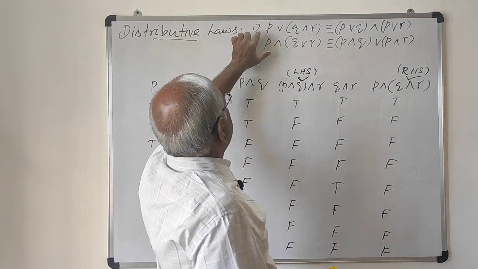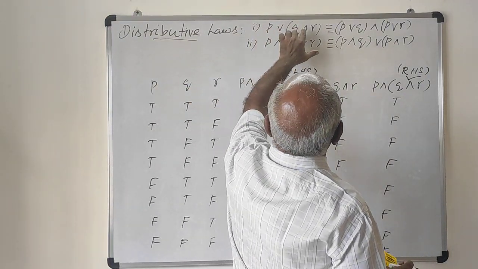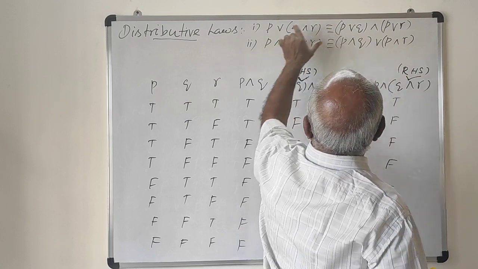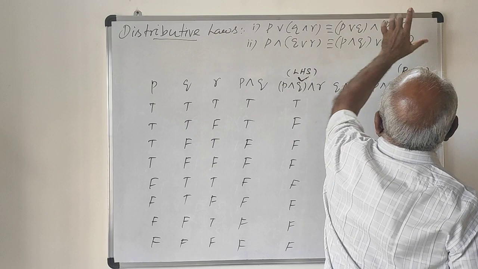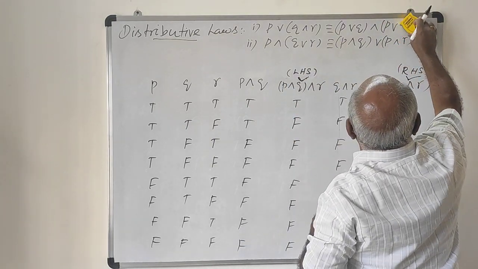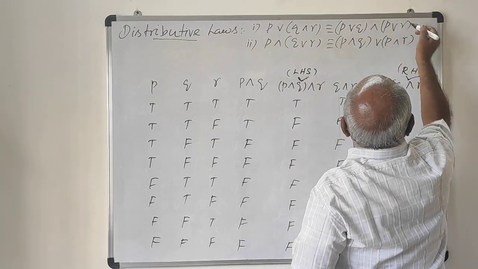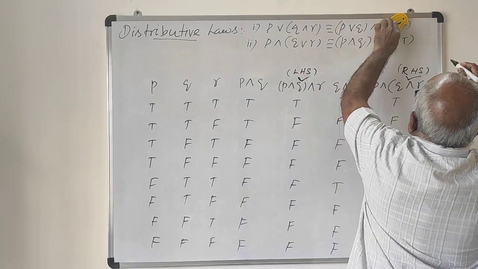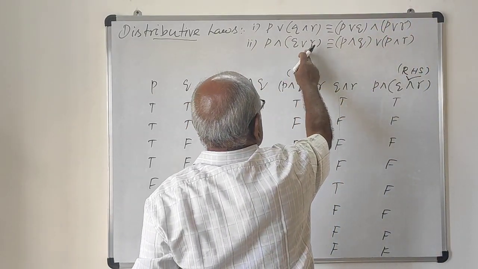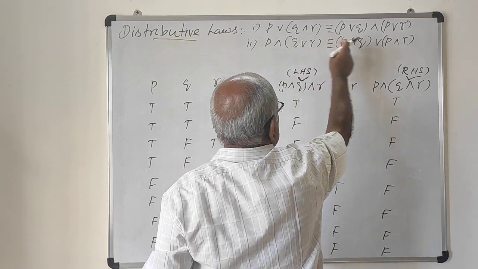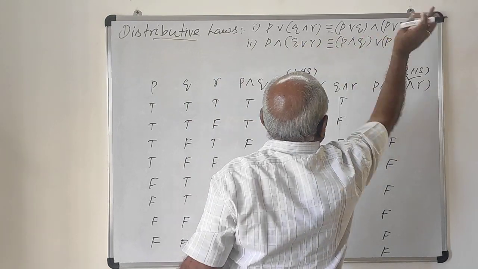In the first distributive law, P disjunction Q conjunction R is equal to P disjunction Q conjunction P disjunction R. Similarly, the second rule, P conjunction Q disjunction R is equal to P conjunction Q disjunction P conjunction R.